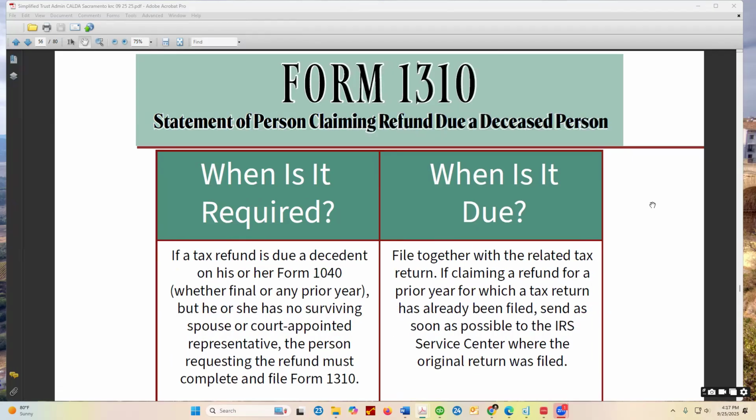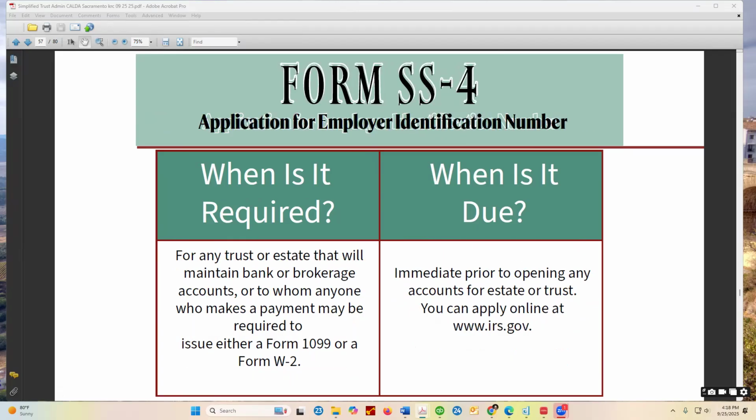When you're doing tax returns, a 1310 form, if there's going to be a refund on a fiduciary IRS Form 1041, the IRS wants to know the identity of the administrator. The SS4 form is used to get a federal ID number for the estate or trust.